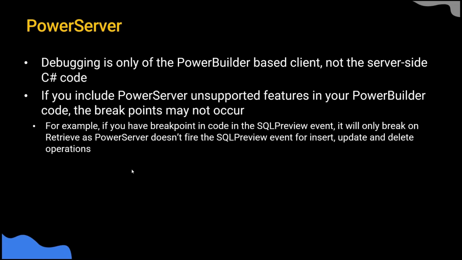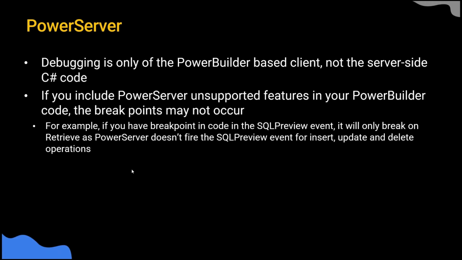With PowerServer, though, there's a little bit of difference between it and client server or Power Client because, obviously, you've got this C# code server side. We're not debugging that. We're debugging the PowerBuilder client. The other big difference is that when you do client server and a PowerClient, you're running just PowerBuilder code and everything's supported.